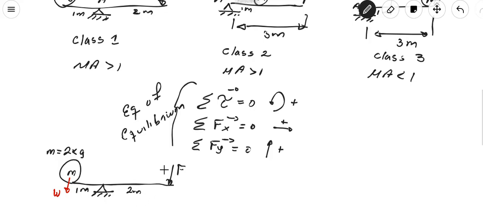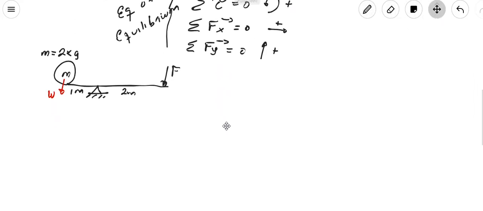So of course, if we want to have this leveling balance, we need the force F to be pointing downwards also.